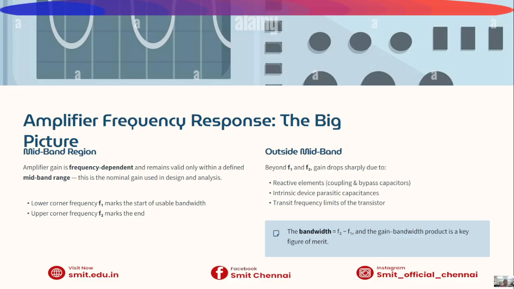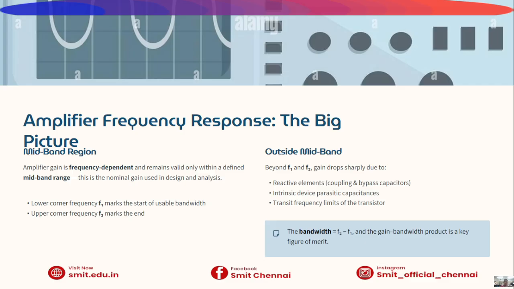In the next slide, we are going to discuss amplifier frequency response. An amplifier does not provide the same gain at all frequencies. The gain remains relatively constant only within a specific frequency range called the midband region. The lower cutoff frequency, represented by F1, marks the beginning of the useful frequency range.